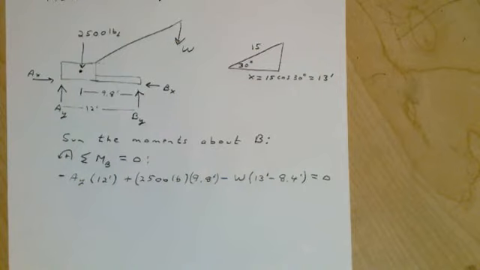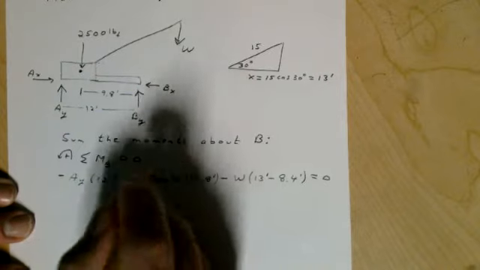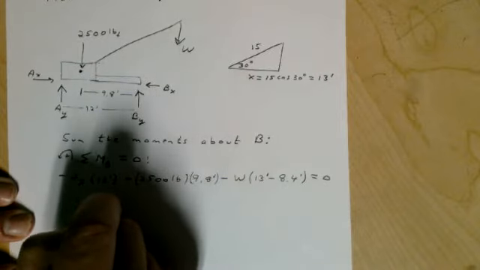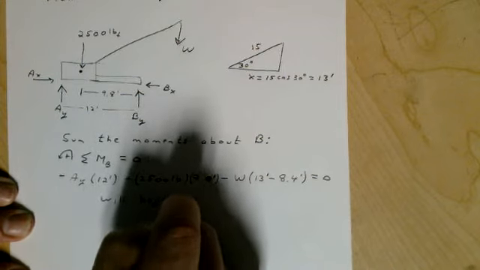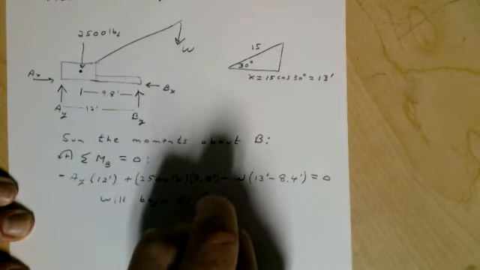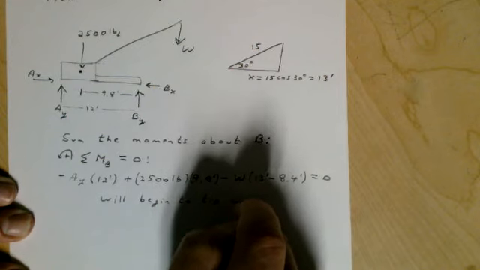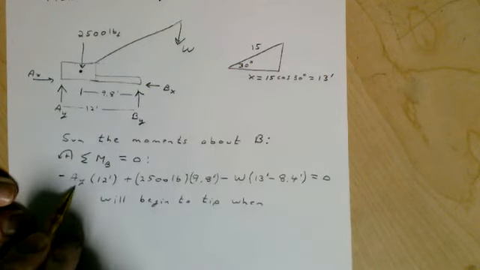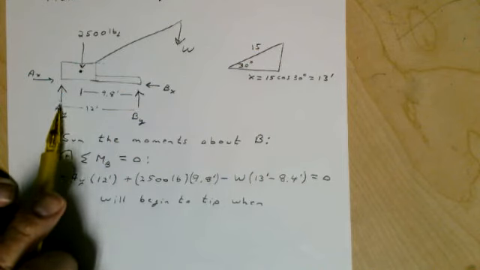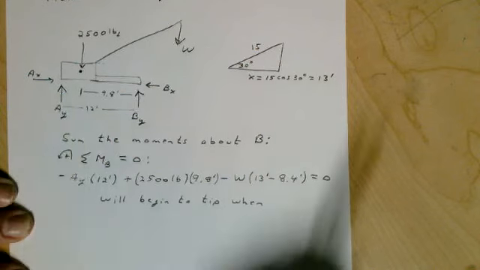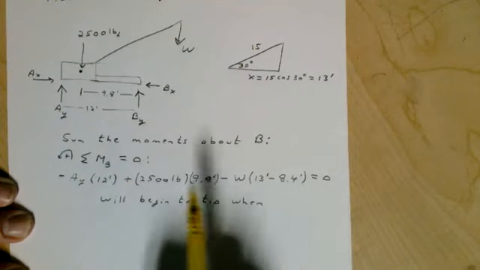So now this is going to tip over. It's going to start to tip, so we'll begin to tip when this AY is 0. As long as this is kind of pushing upward, as long as there's a reaction, everything's okay.